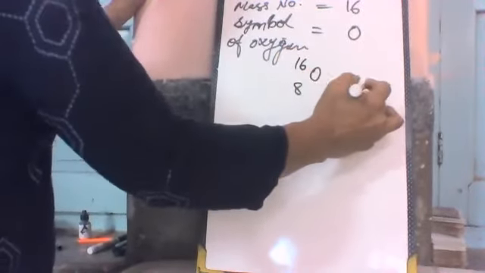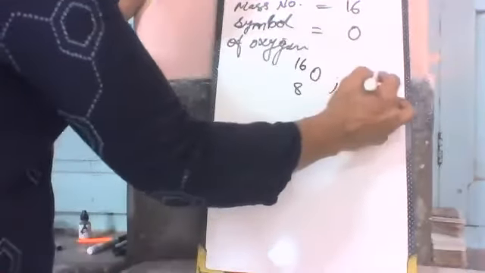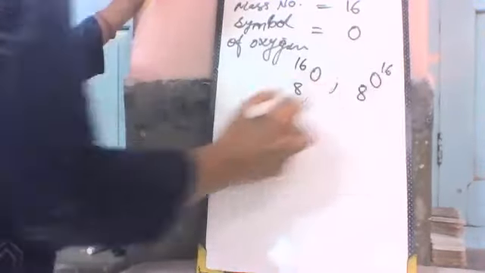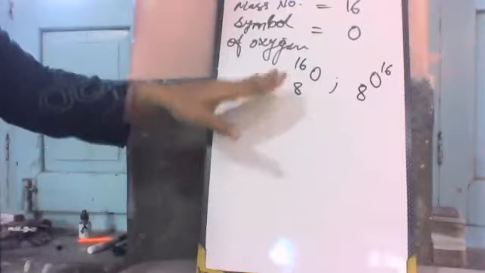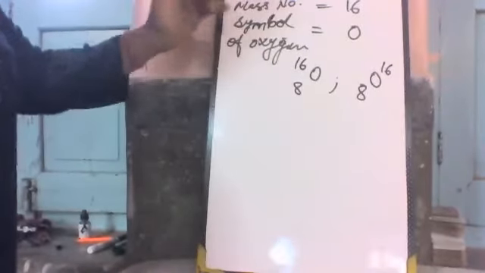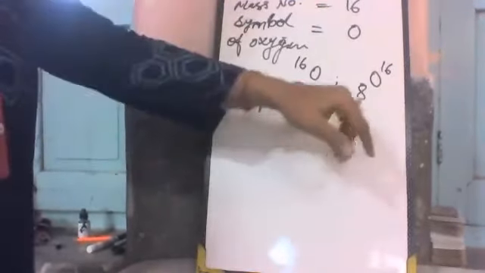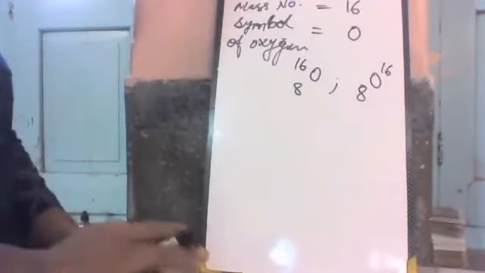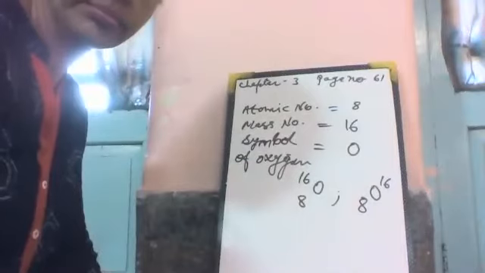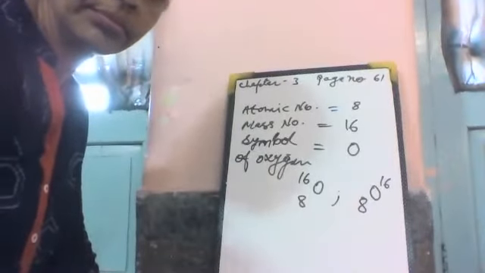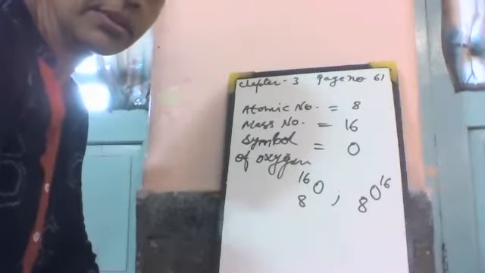The other way of writing this is 8, O and 16. This is the way of representation of mass number, atomic number and symbol all together. Is it clear? Yes? It is clear to you?